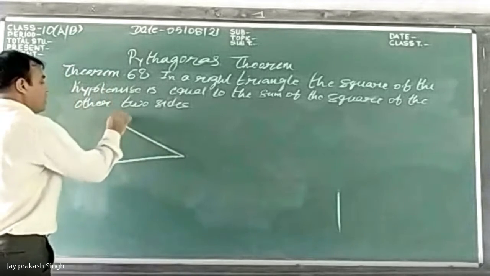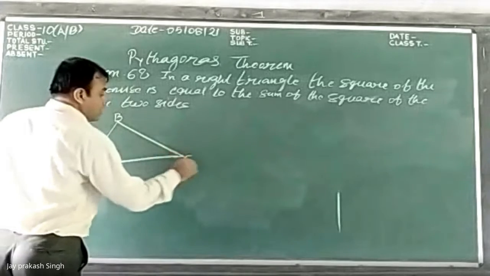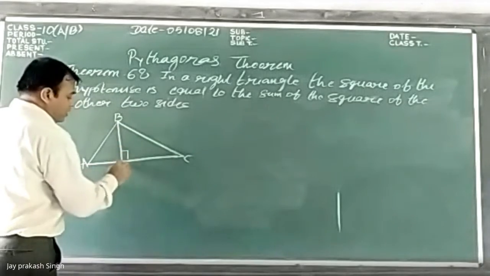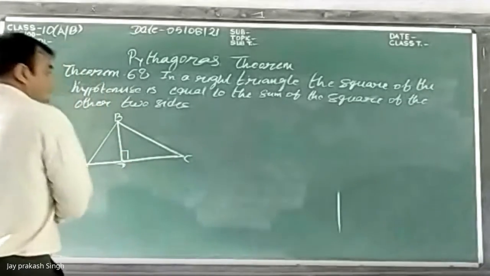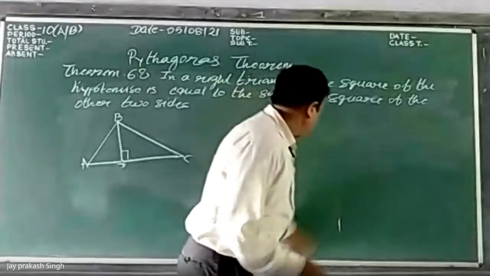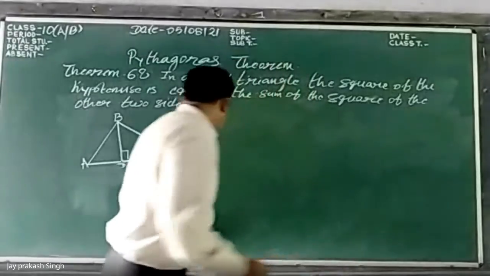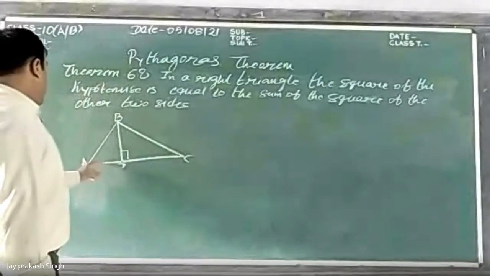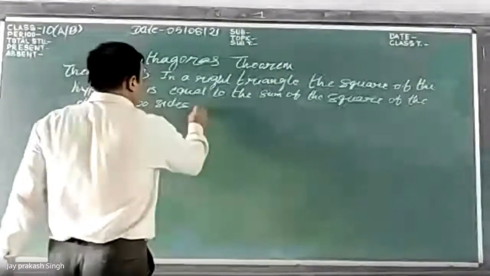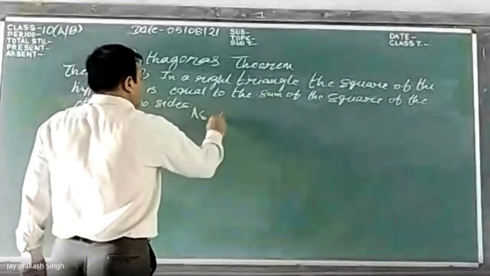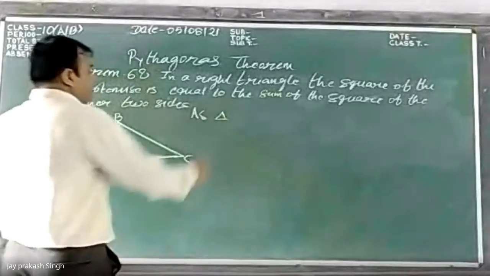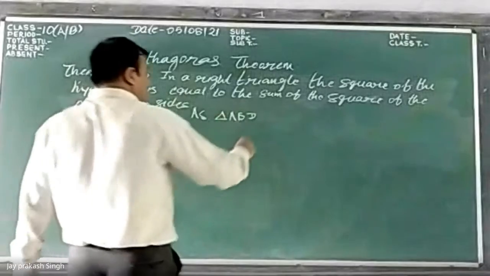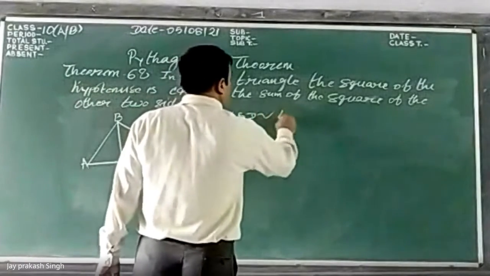Now it is B, A, C. Now it is D. So it is right angle at D. Now, as these two triangles are similar, as we have proved in theorem 6.7, triangle ADB is similar to triangle ABD, and ABD is similar to triangle ABC.